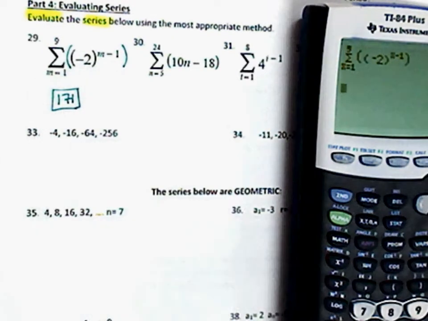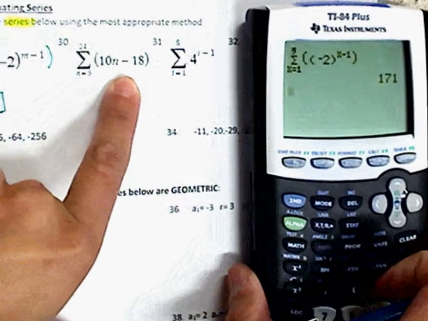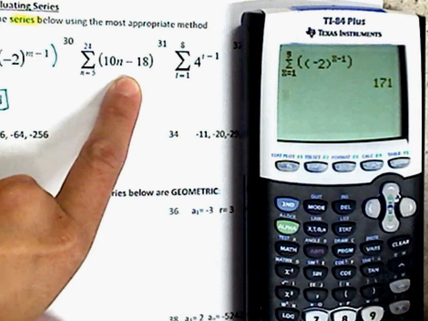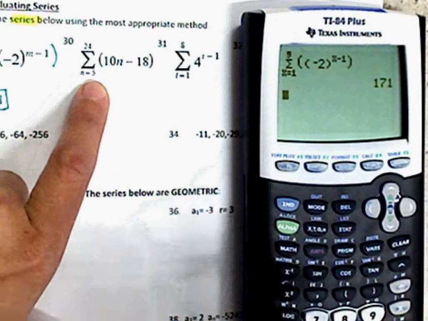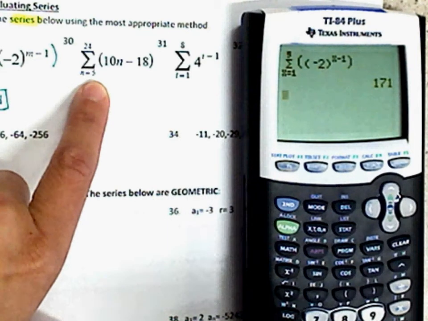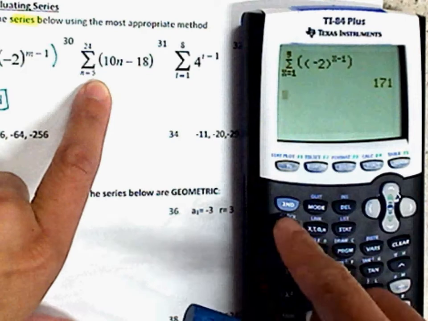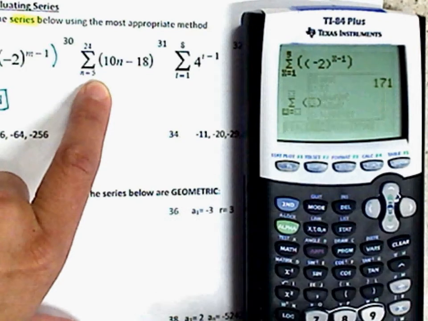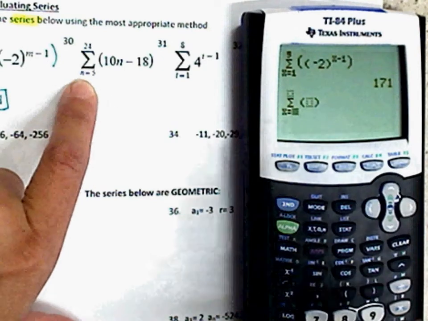There's number 29. Number 30. This one is linear, this one is arithmetic. Same thing, using a sigma. I'm going to be adding all my numbers starting with my 5th term all the way to the 24th. Please, please, please read. Don't assume this is always 1. Alpha window, number 2, x, oh sorry, it says n, but it's x.